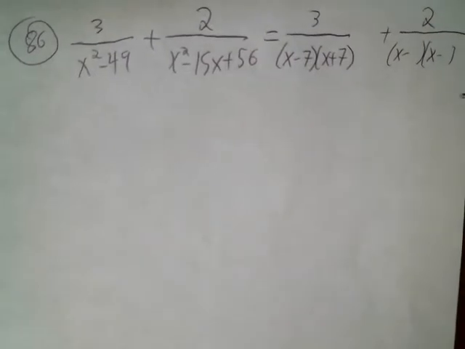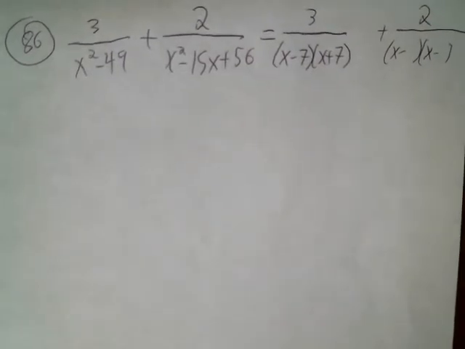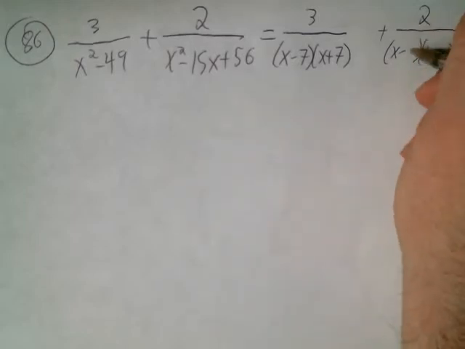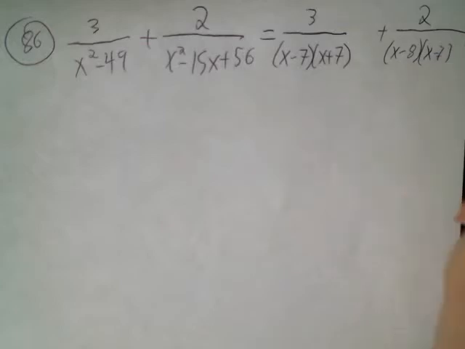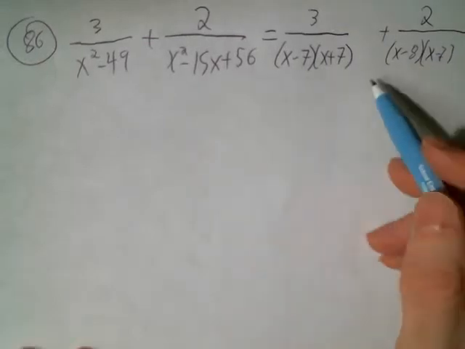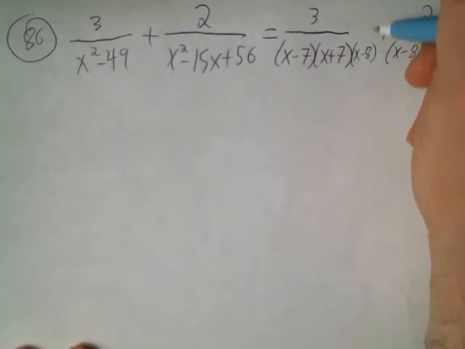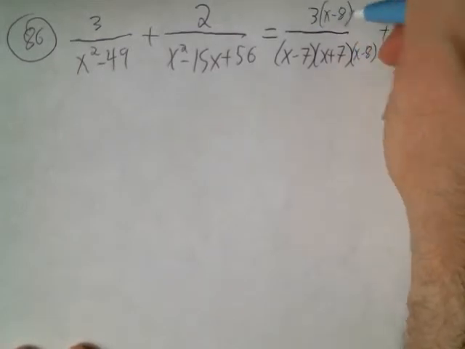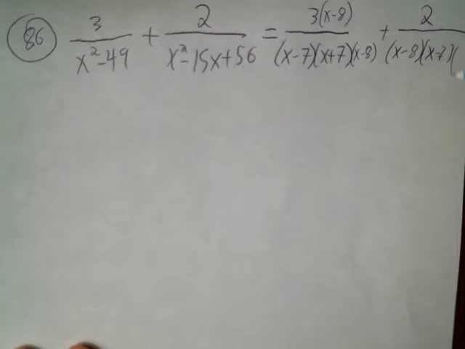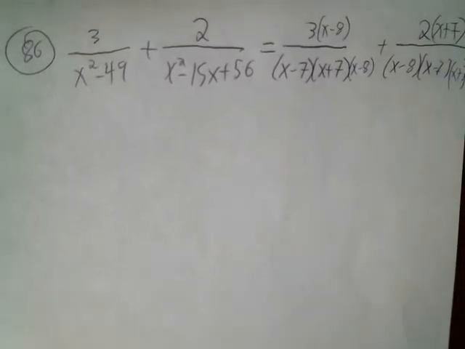And second one is 8 and 7. So our first fraction is missing the factor of x minus 8. And the second fraction is missing a factor of x plus 7. So I have to smush that in there on you. Sorry.